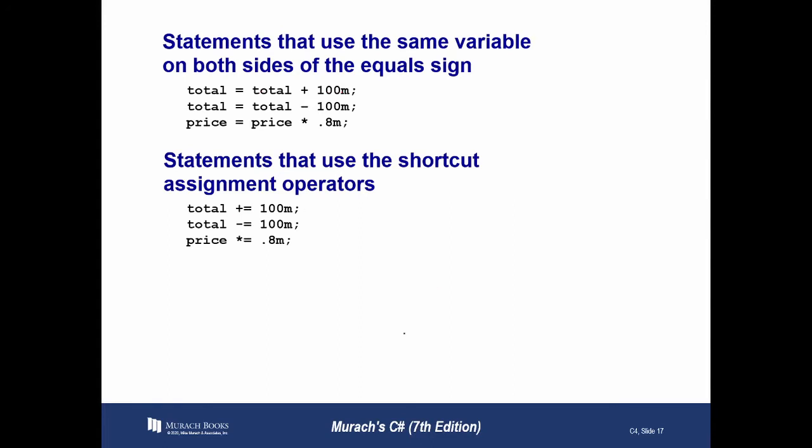To be perfectly honest, my preference is to actually do this. I prefer this method over this method because this is much more human readable. Our brains have been interpreting this kind of logic since we started doing math, probably around grade 2 or 3. So for me, I find this to be cleaner, more clear code, but they're equal and you can do either one.